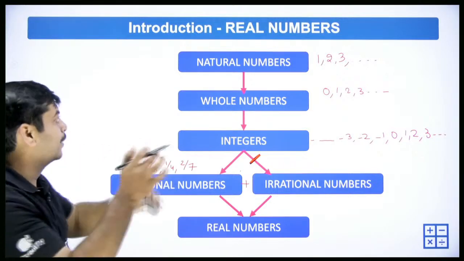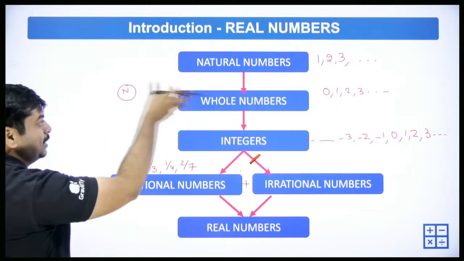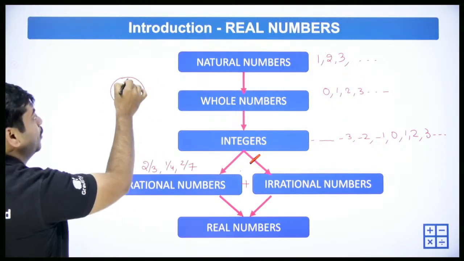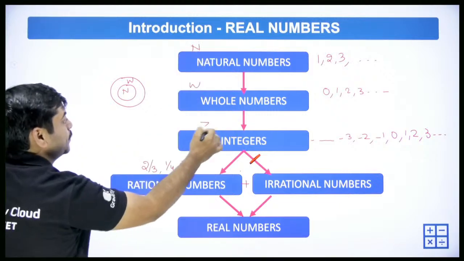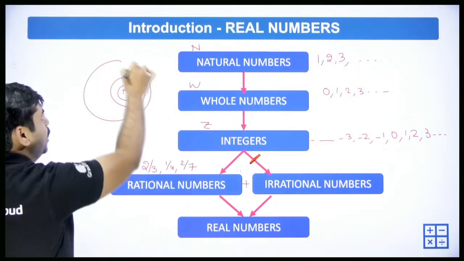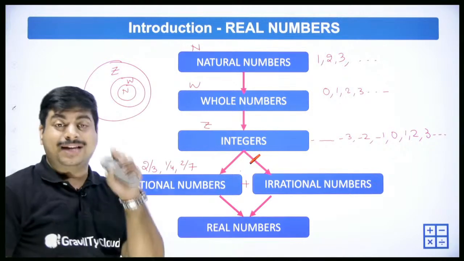I'll tell you in another way. Let us say this is a circle of natural numbers, represented with N. Extended to 0, we have whole numbers, which is represented with W. Integers with Z, an extended version to this one, with both positive and negative numbers as well as 0.